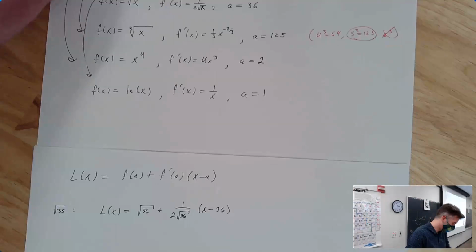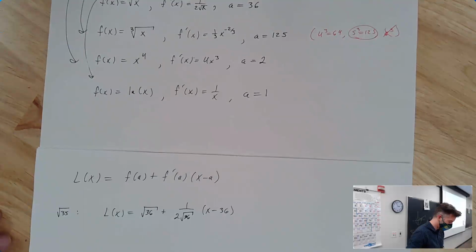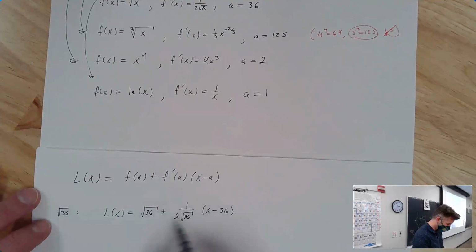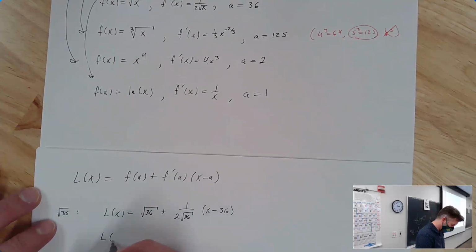That is my linearization. I should definitely simplify these values. So my linearization here is 6 plus 1/12 times x minus 36.